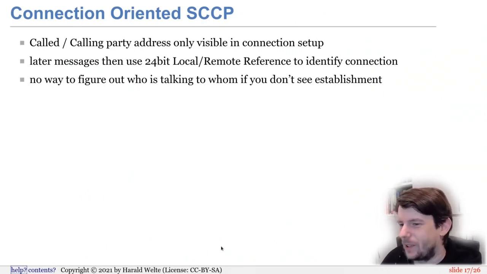And to make things worse, in the individual datagrams within a connection you only see the destination local reference, so basically where it goes to. You don't even see where it comes from.